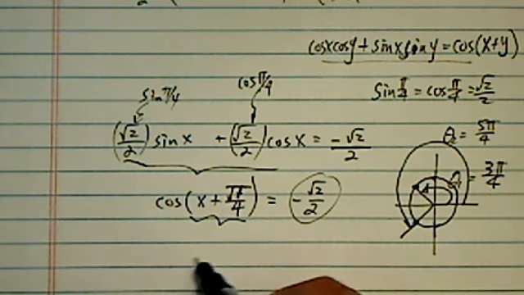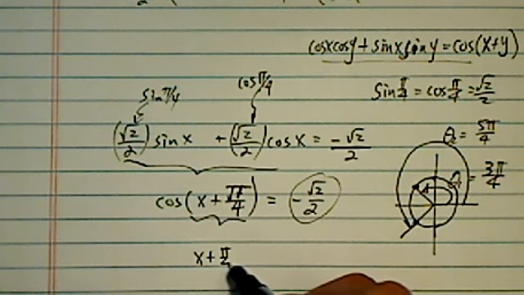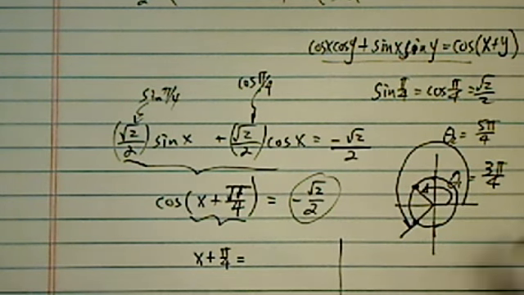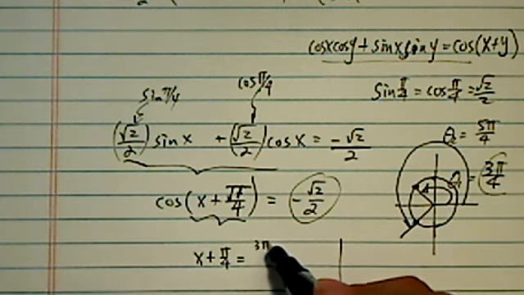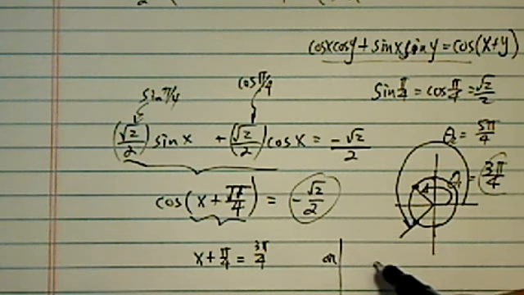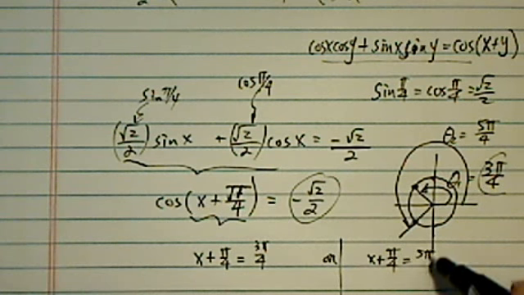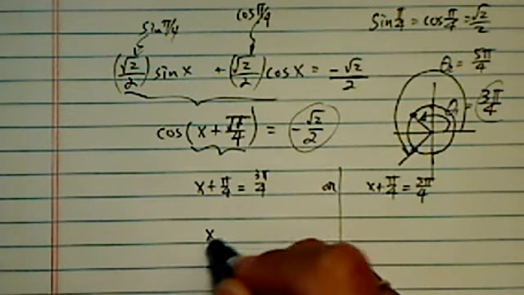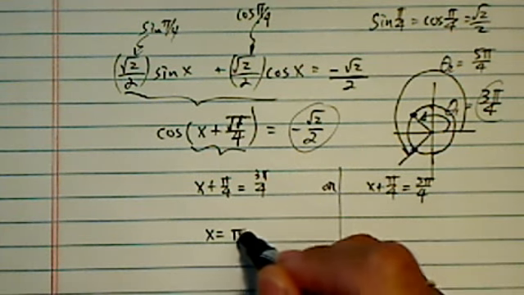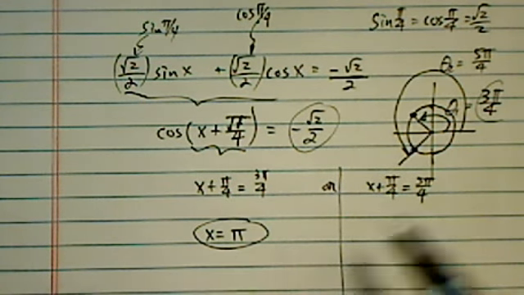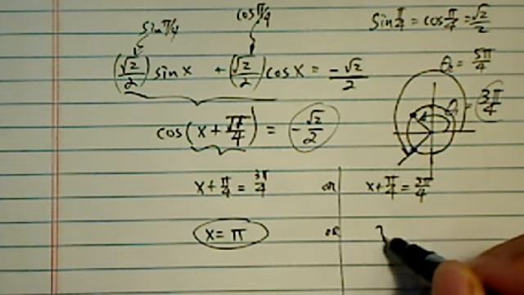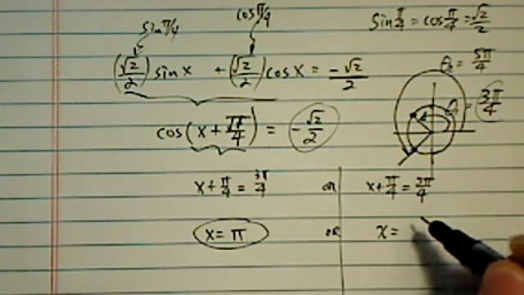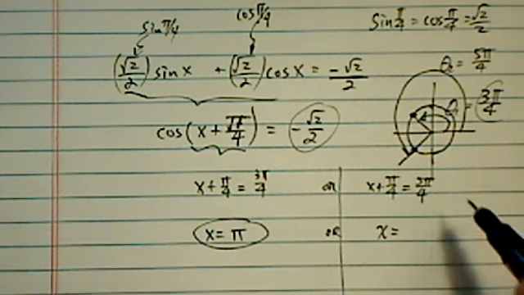So basically, x plus pi over 4 can equal two answers. One of them is 3 pi over 4, or you can have x plus pi over 4 equal to 5 pi over 4. From here, it's pretty easy to solve. The fast-paced action is already done. I think I missed the sign here.